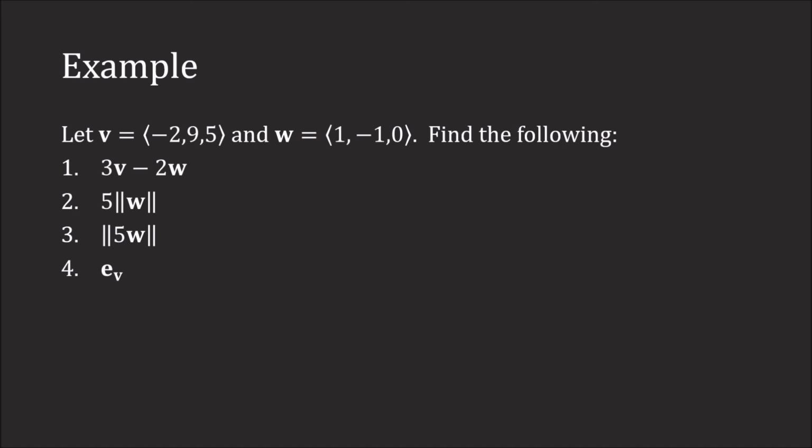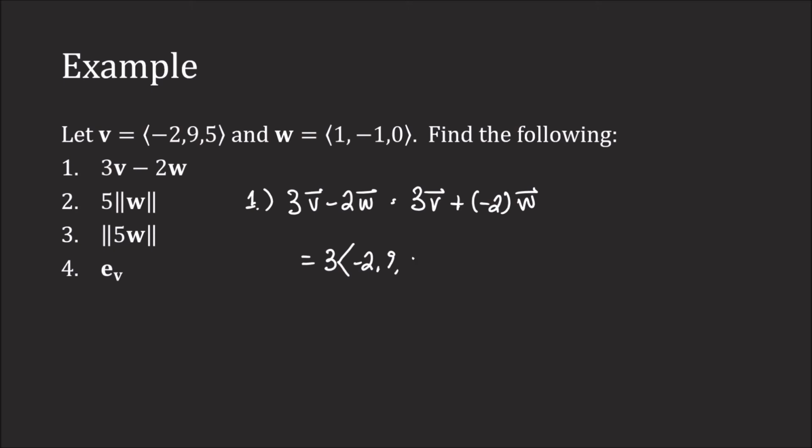All right, so to start with, we want 3v minus 2w. So this will be 3v plus -2 times w. So 3 times (-2, 9, 5) plus -2 times (1, -1, 0).